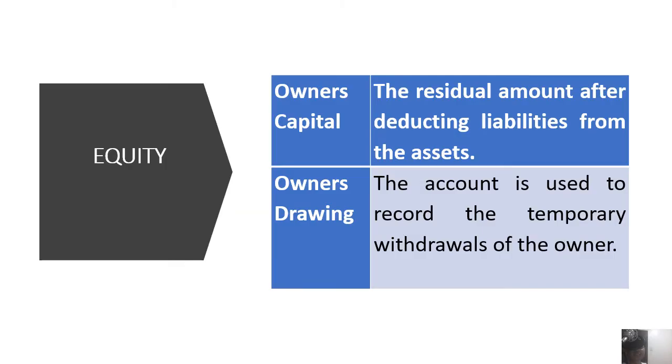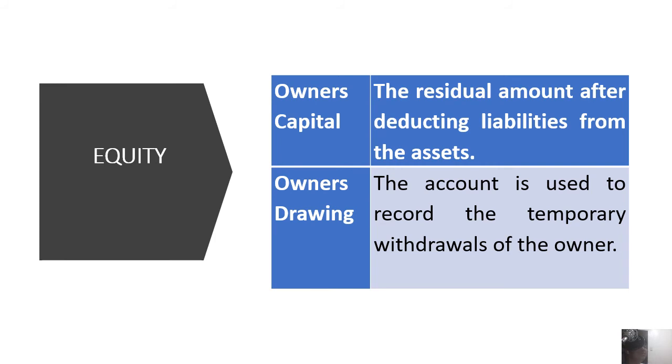So, this is yung third accounting element na equity. So, under equity, ang ginagamit natin yung title is owner's capital at saka owner's drawing. What is owner's capital? It is the residual amount after deducting the liabilities from the asset. So, na-explain na natin kanina yan.